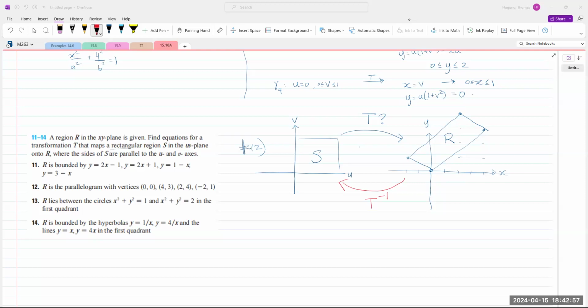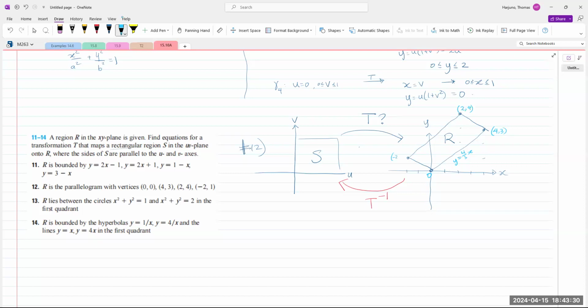What we need to do, actually, is find the equation of each segment of that parallelogram. Okay, so this is 0, 0. This is, what is this? This is 4, 3, huh? This is 4, 3. So we can say this is y equals 4 over 3 x. Is it right? This is 2, 4.